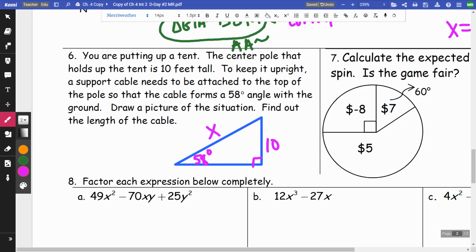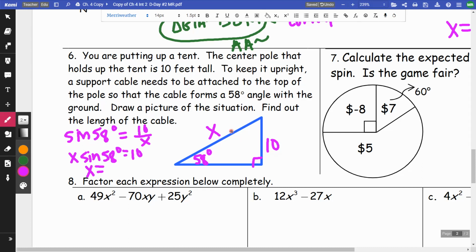So that is going to be opposite and hypotenuse, so that's going to be sine. So we're going to go sine of 58 degrees is equal to opposite over hypotenuse. I'm going to multiply both sides by x, and I'm going to get x sine of 58 degrees is equal to 10.